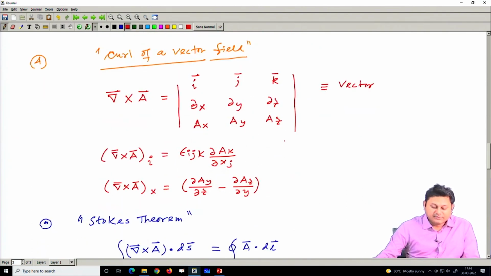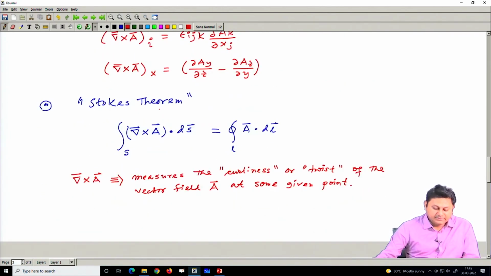Then the curl of a vector field, how you can calculate the twist nature of a vector. A vector field is a field that is evolving over space, and for a given point, if you want to find out how curly it is, how twisted it is, then you can calculate this curl, and if it is a non-zero value, that means this vector field is twisted there.